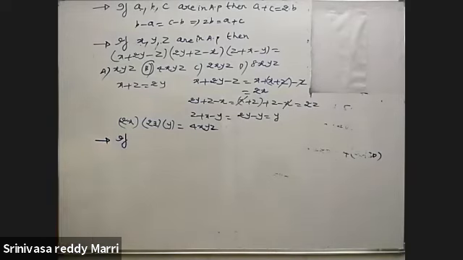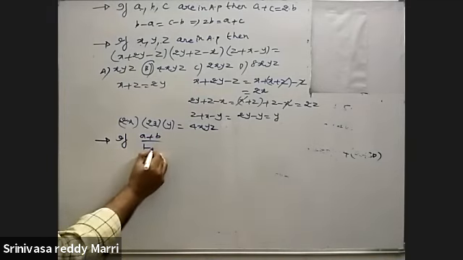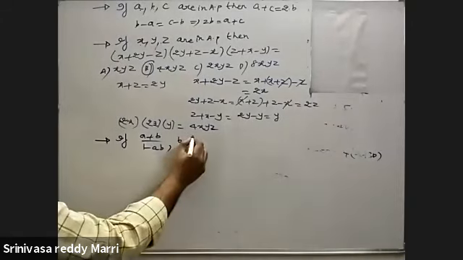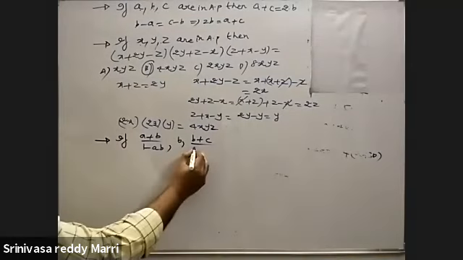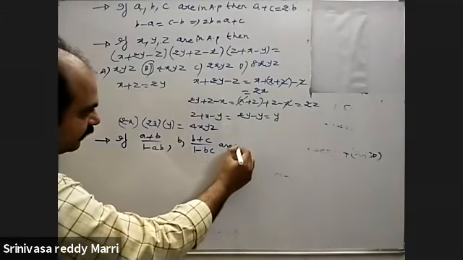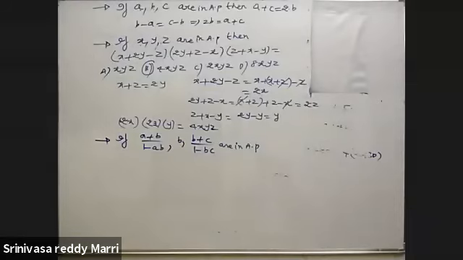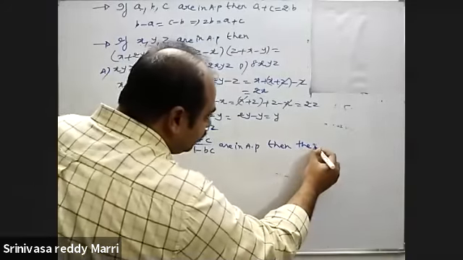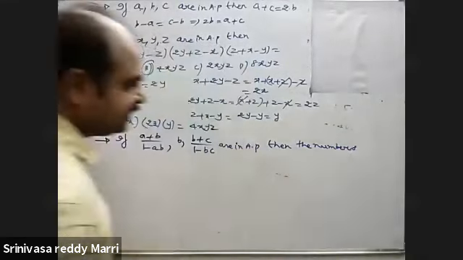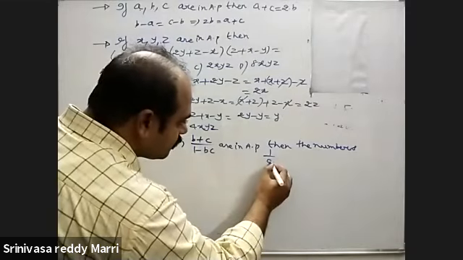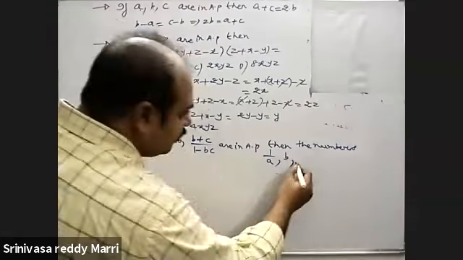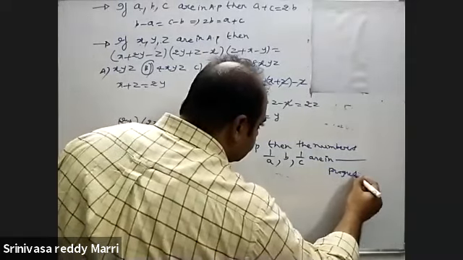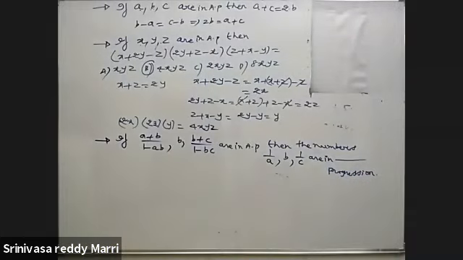If (a + b)/(1 − ab), b, (b + c)/(1 − bc) are in AP, then the numbers 1/a, b, 1/c are in dash progression. Look at the problem.